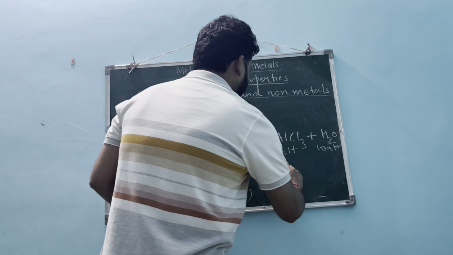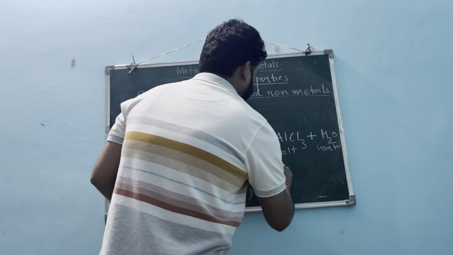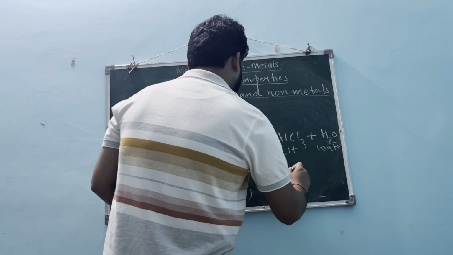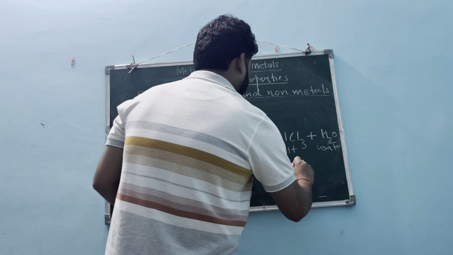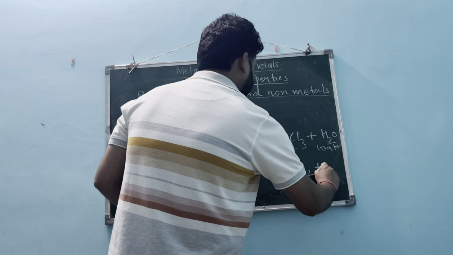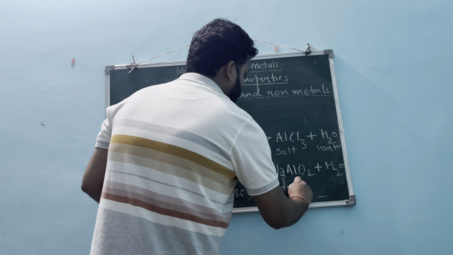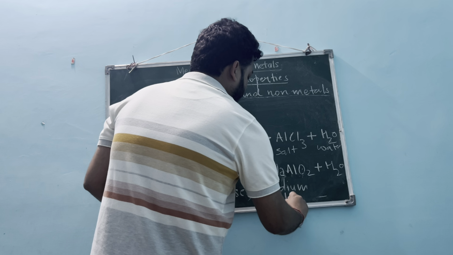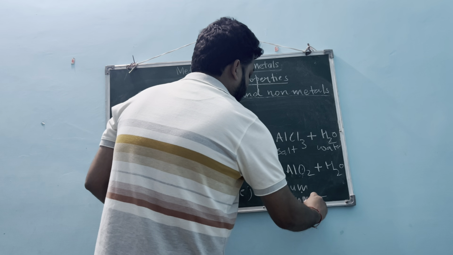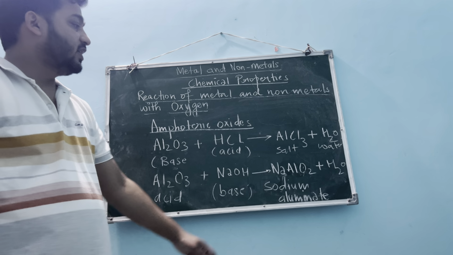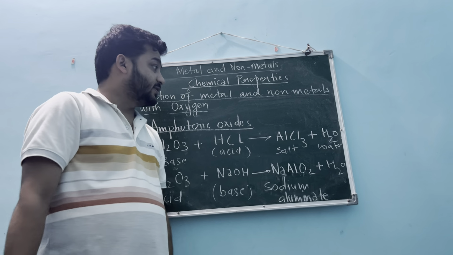So it will also form NaAlO2 plus H2O. This is called sodium aluminate. It is a salt and water.